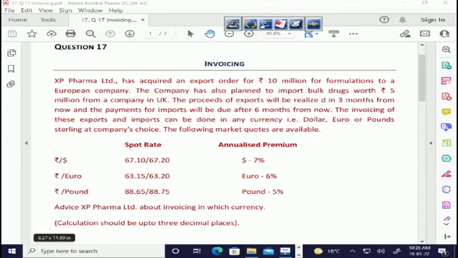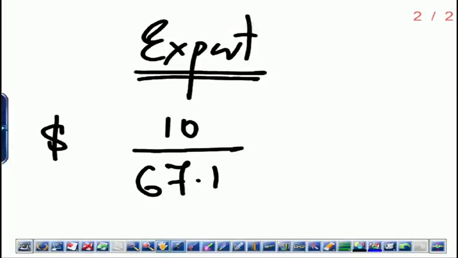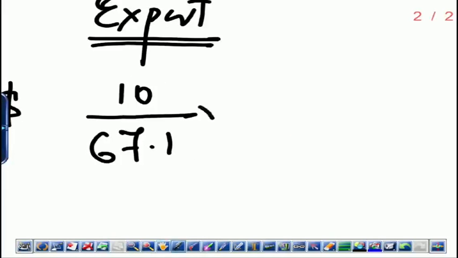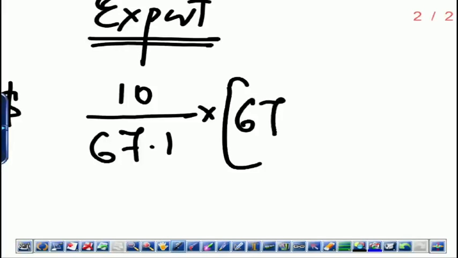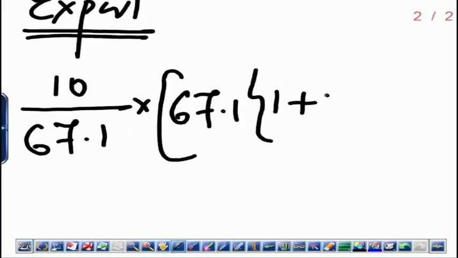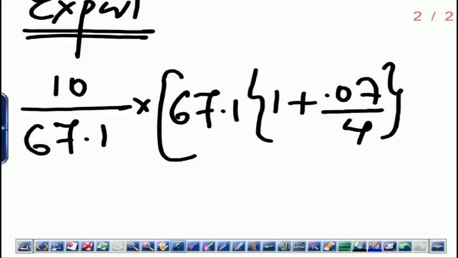Now this will be sold forward. So we need the forward rate, which is at a 7% premium. So if we sell this forward, it comes to 67.1 into bracket 1 plus 0.07 by 4. It was 3 months, yeah.